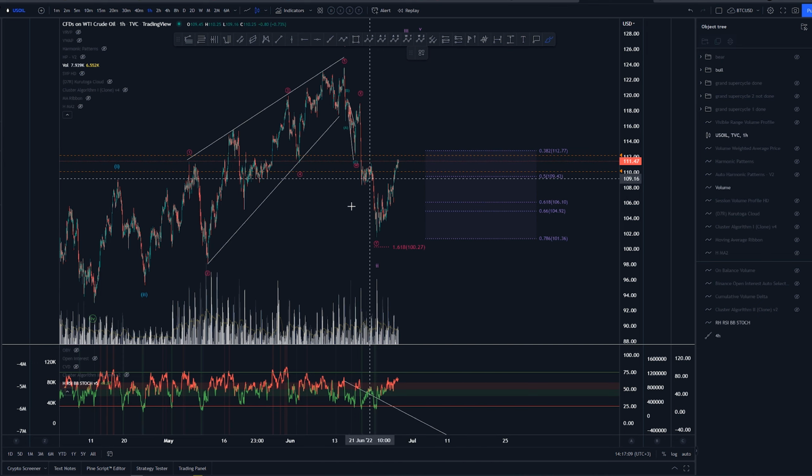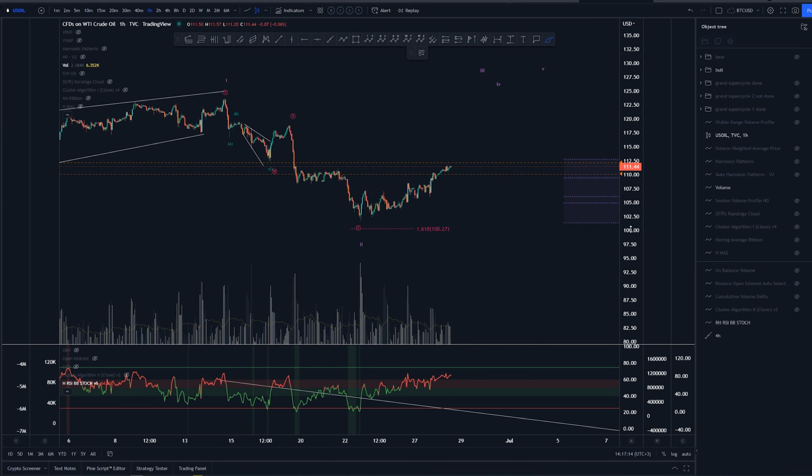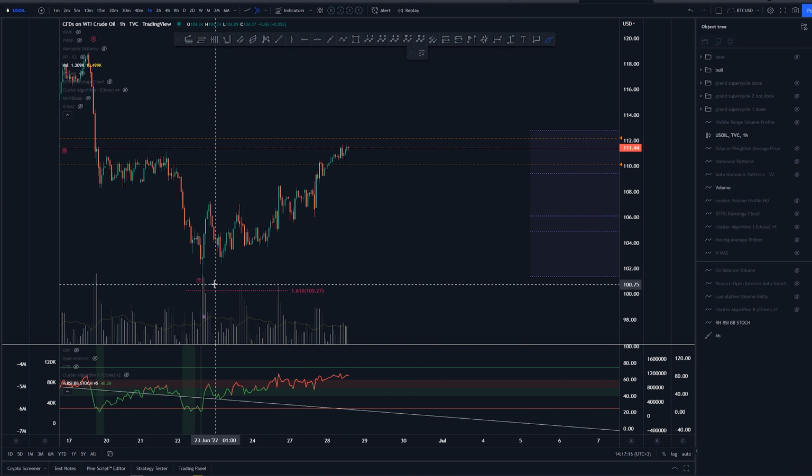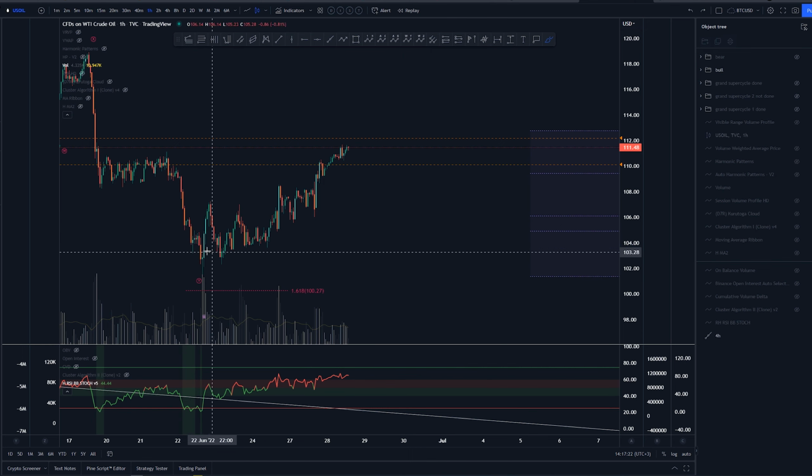So that is basically it. If we still want to be bullish, however, we would have to say that this price action here, from the lows of the 22nd of June, would need to be 1-2 structures.